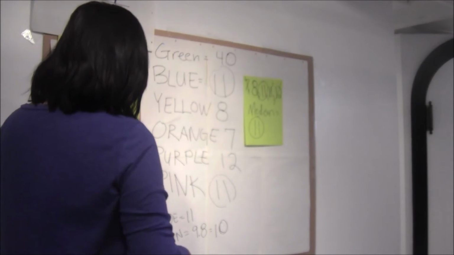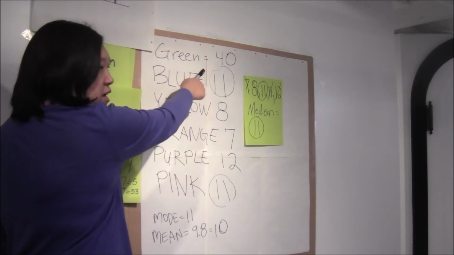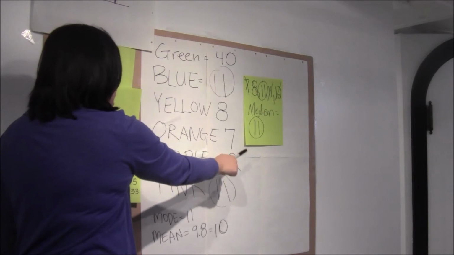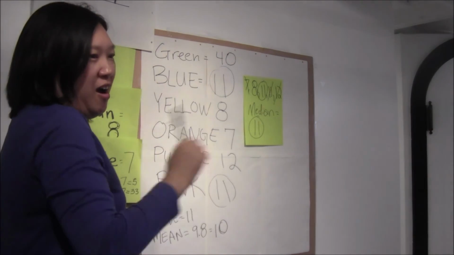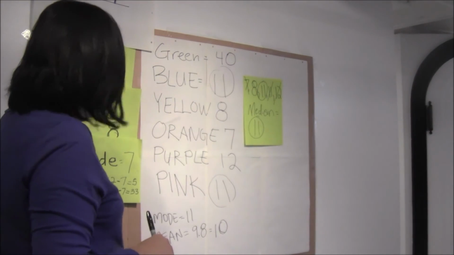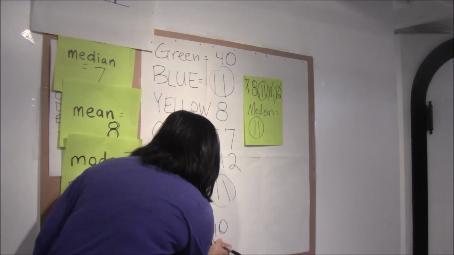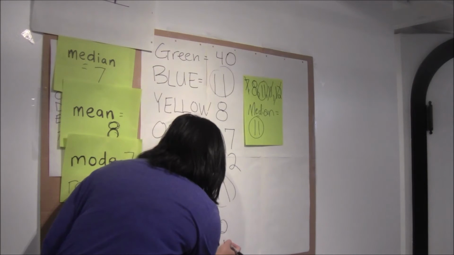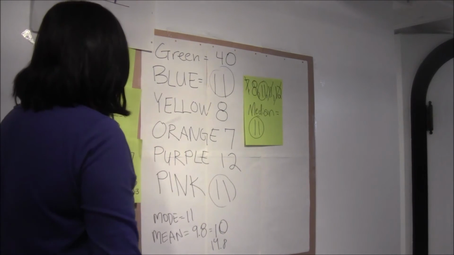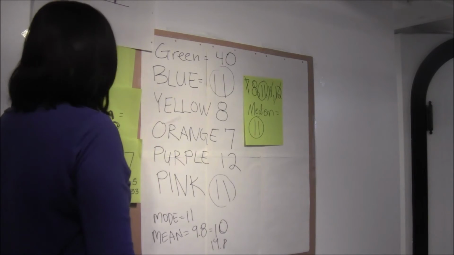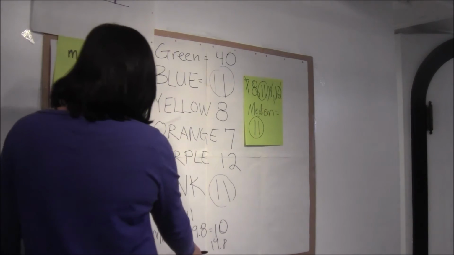All right. So how about the mean? Can we calculate the new mean here? So with our 40, 11, 8, 7, 12, and 11, what is our new mean? 14.833333. You have to round it. 14.8. So our new mean is 14.8. Okay?